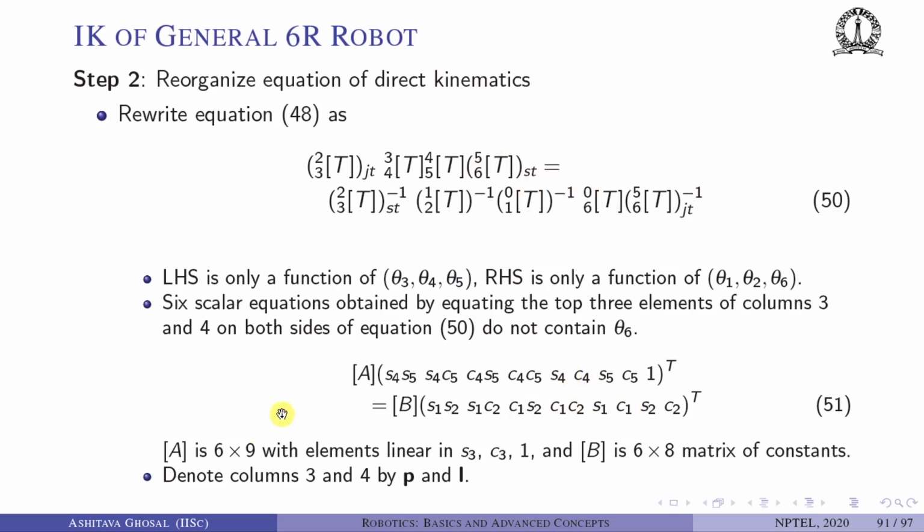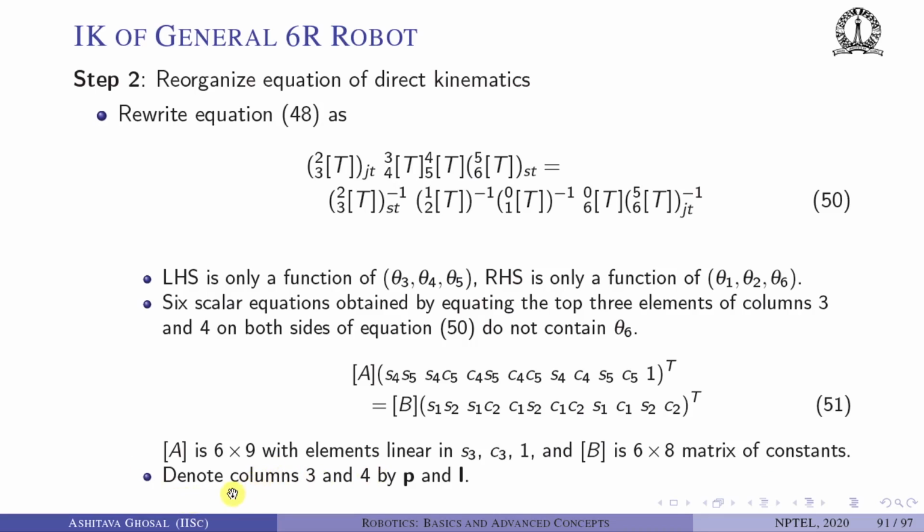A is a 6 by 9 matrix with elements linear in sine theta 3, cos theta 3, and 1. This is also important: in this matrix A, theta 3 is there, but only as sine theta 3, cos theta 3, and 1. There are no square and product terms. And B is a 6 by 8 matrix of constants.